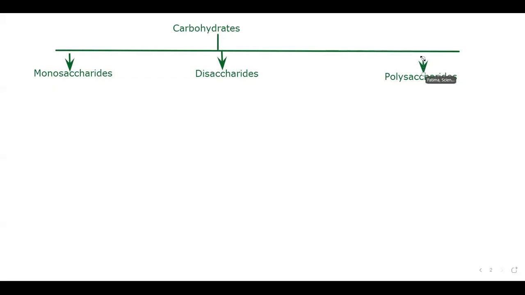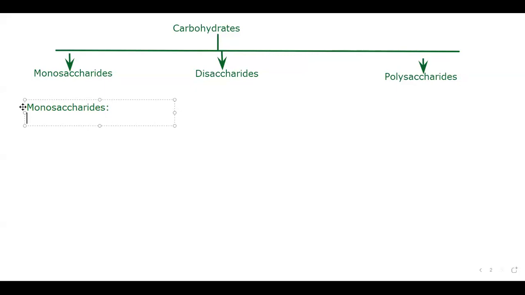So let's start by first discussing the polysaccharides. When we talk about our monosaccharides, I said polysaccharides. Let's start by first talking about our monosaccharides. We can divide monosaccharides into different types depending upon how many carbon atoms they have, right?